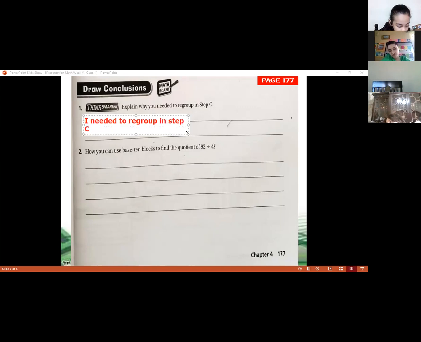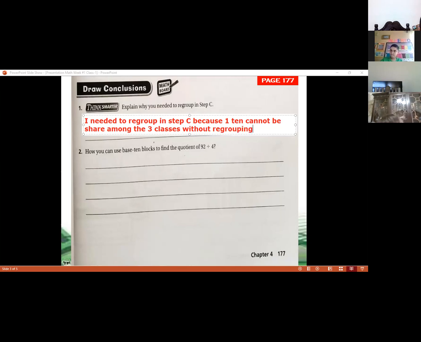You need to have it equally. Excellent, Rebecca. Because 110, remember, it cannot be shared equally. So it's missing 1, so it can be shared among the 3 classes or among the 3 groups without regrouping. That is the answer. That's why we need to regroup in step letter C.